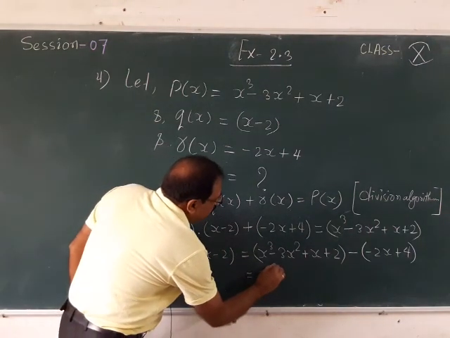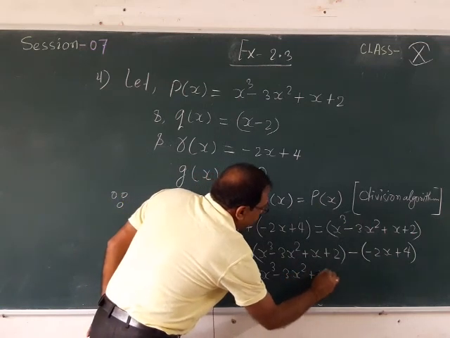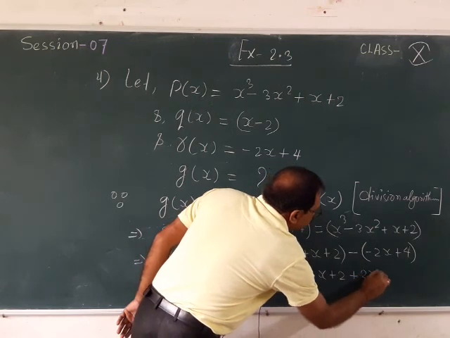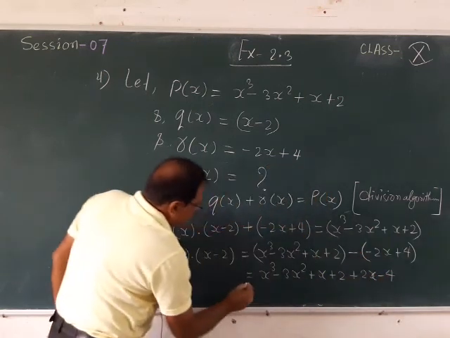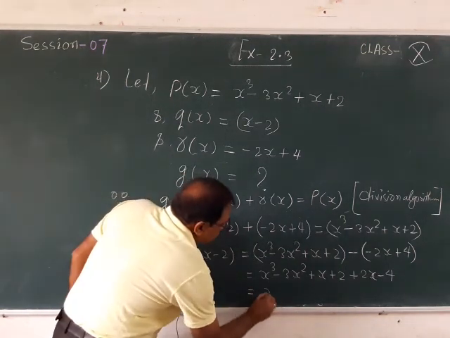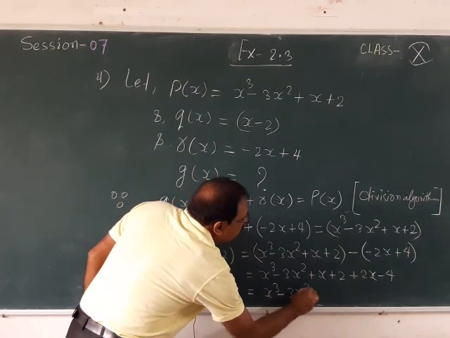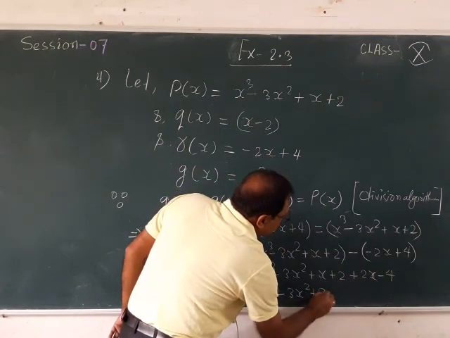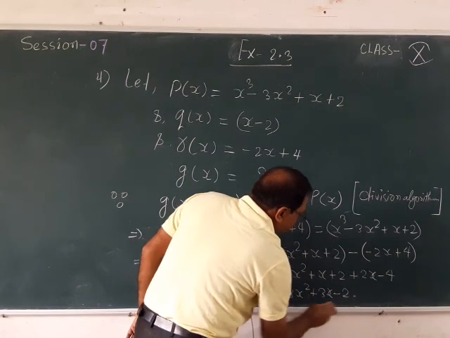Let me write one more time. It is x cube minus 3x square plus x plus 2, then minus of minus 2x becomes plus 2x, and minus of plus 4 becomes minus 4. Further it can be written as: x cube will be there only, minus 3x square will be there only, then x and 2x becomes 3x, and plus 2 minus 4 means minus 2.